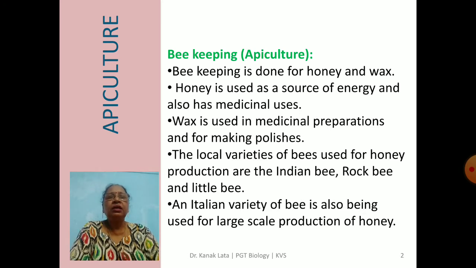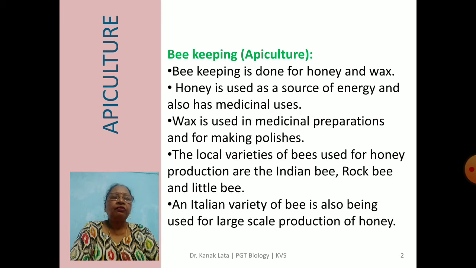So they are honey and bee wax. As you all know that honey is very nutritious and it acts as a source of energy. Wax obtained from bees is also used for making polishes and used in medicinal preparations.